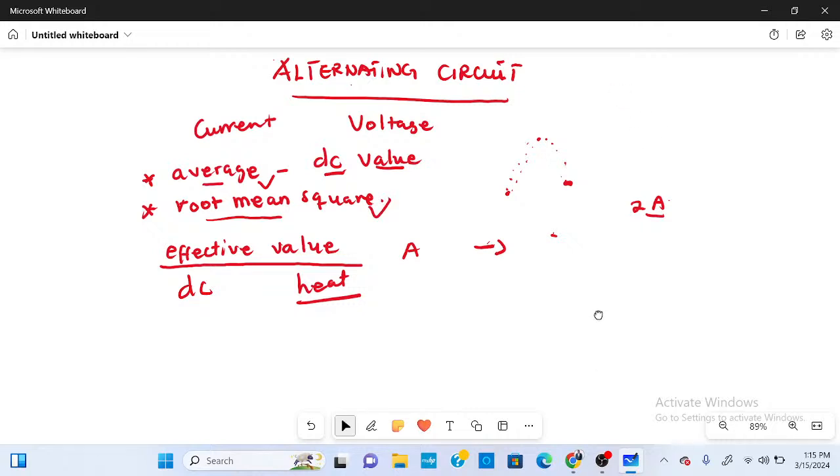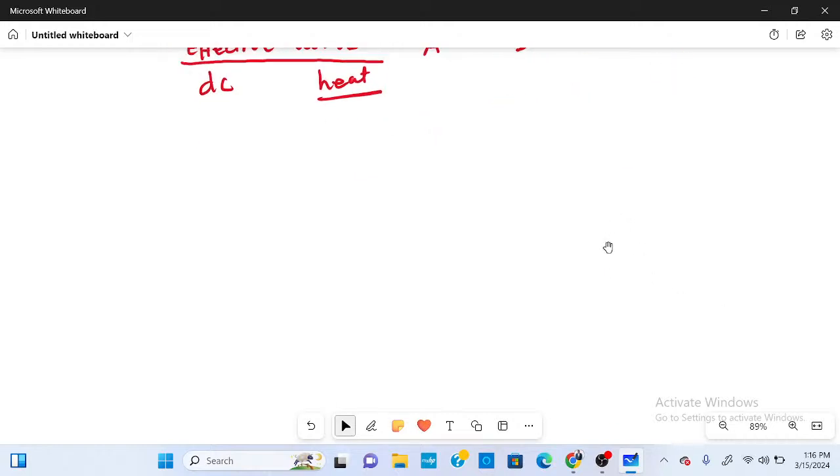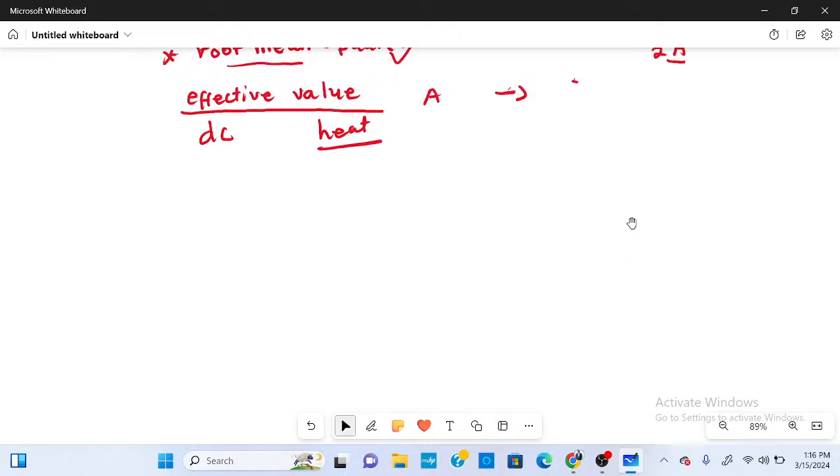So without wasting much time, let's see how to find the average and the root mean squared of alternating currents. So let's see average. How do you find the average of an AC circuit?